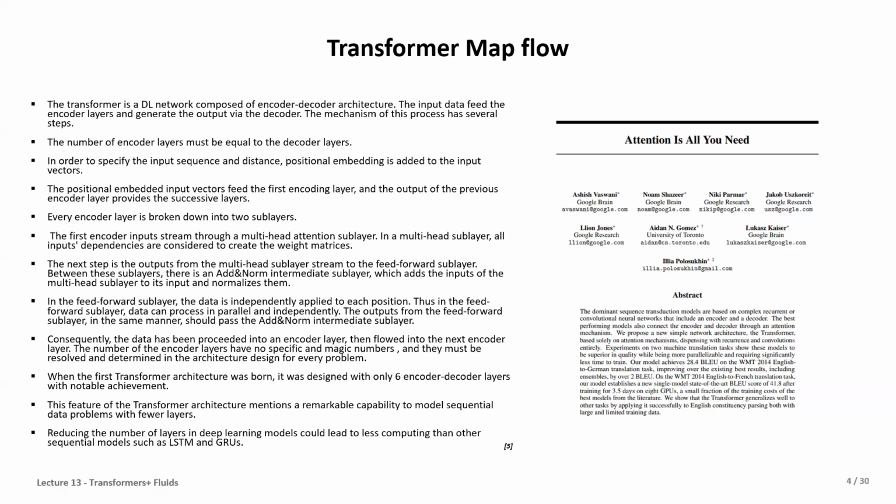In the feed-forward sublayer, the data is independently applied to each position. Thus, in the feed-forward sublayer, data can be processed in parallel and independently. The outputs from the feed-forward sublayer in the same manner pass through the add and norm intermediate sublayer. Consequently, the data has been processed in an encoder layer, then flows into the next encoder layer.